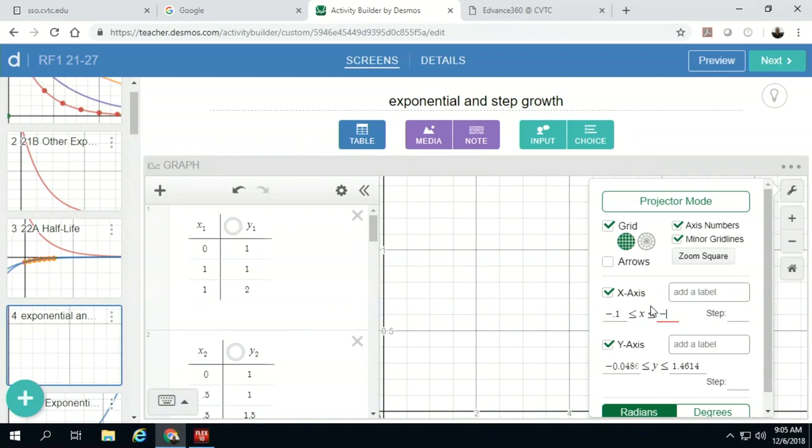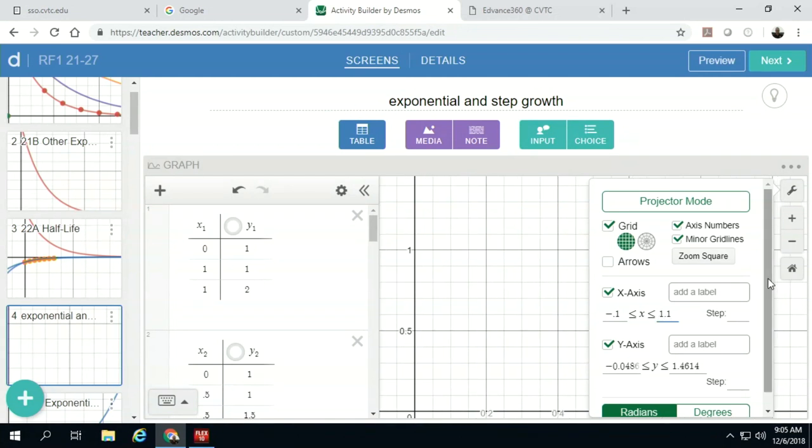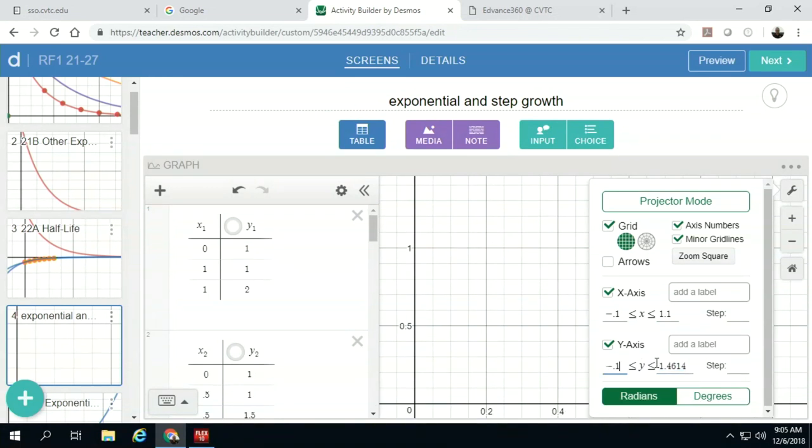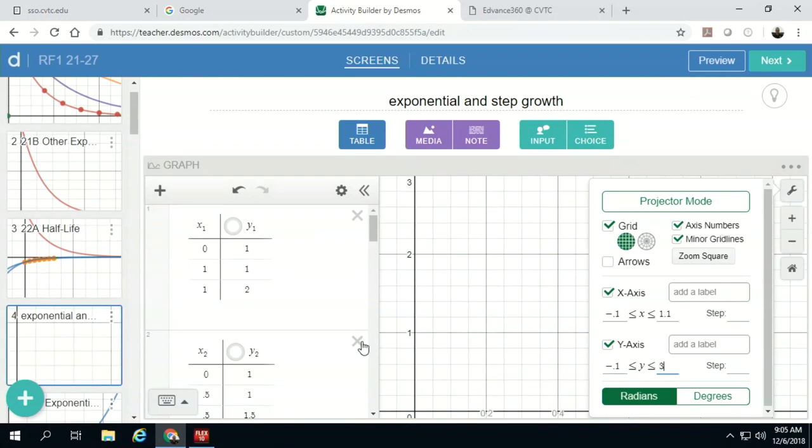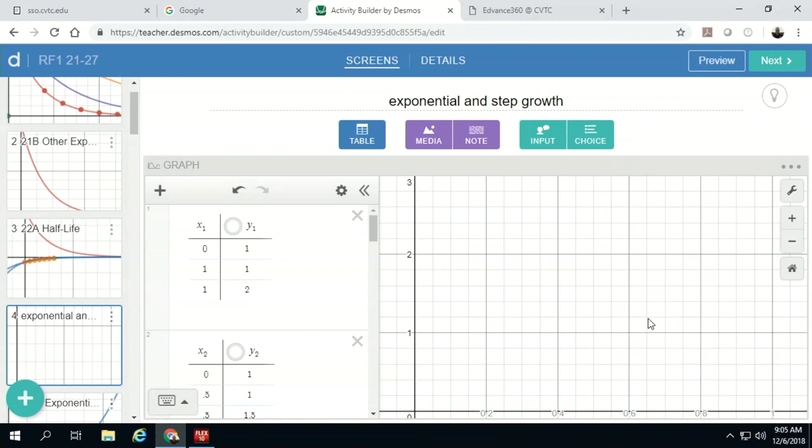We wanted to go just past the first year. In the x direction, we want to start at negative 0.1, and then let's go up to, say, 3. The reason we need to go to 3, you won't see on this first graph, but you will see it later on.